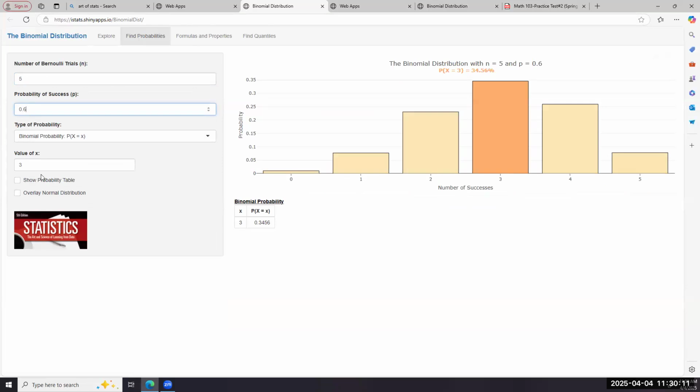The question in the first part is the probability of exactly 2 people, so replace this one by 2. You get the binomial probability when x is equal to 2. Make sure this is set to equal to.